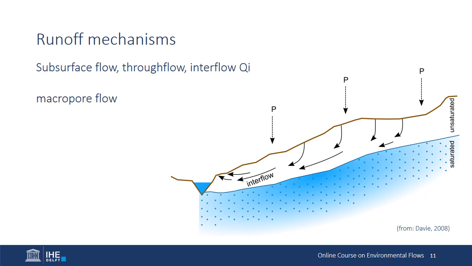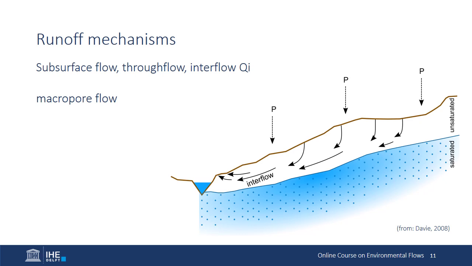A very important runoff mechanism in humid and temperate climates is subsurface flow, through flow, or sometimes called interflow. That is water that infiltrates into the soil surface and moves laterally through the upper soil horizons towards the stream channels, either as unsaturated flow or more usually as a shallow perched water table above the groundwater level.